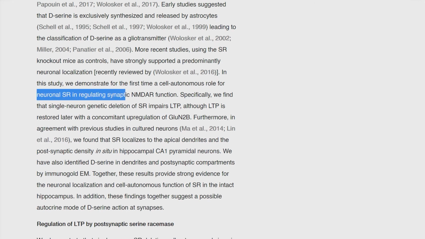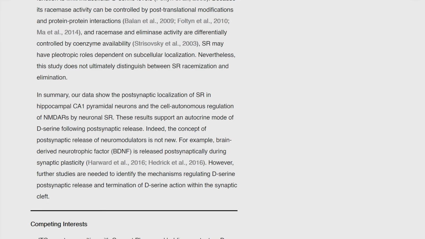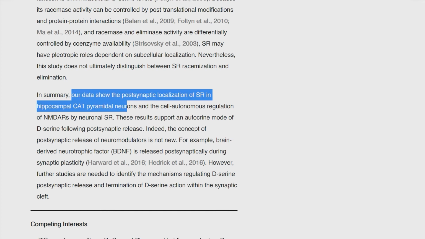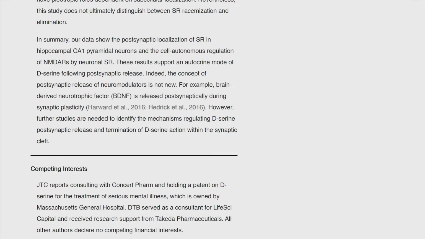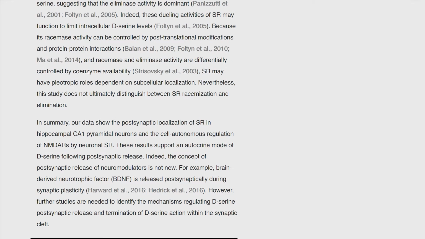Neuronal SR regulating synaptic NMDA-R function. In summary, our data show the postsynaptic localization of SR in hippocampal, blah, blah, blah, and the cell autonomous regulation of NMDA-R by neuronal SR. So, with the exception of the method section, they repeat their main result at least once in every major section.